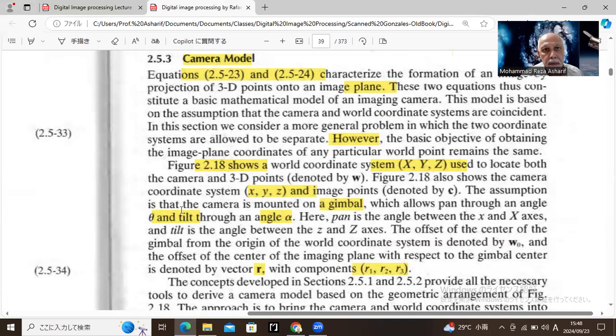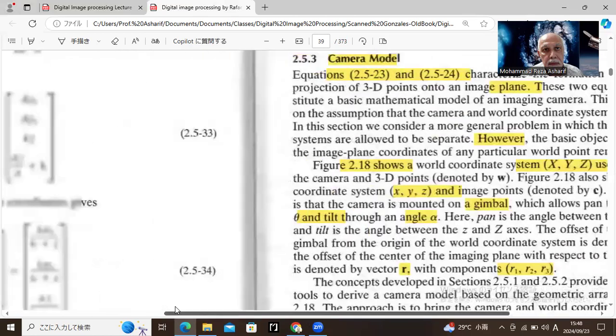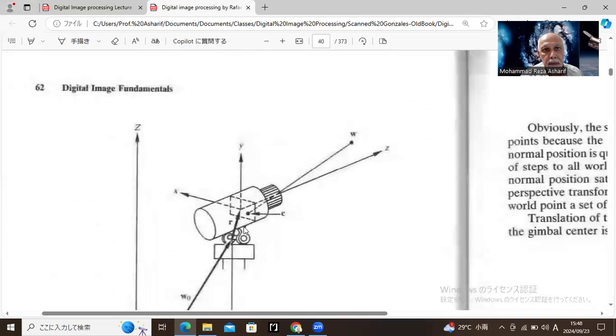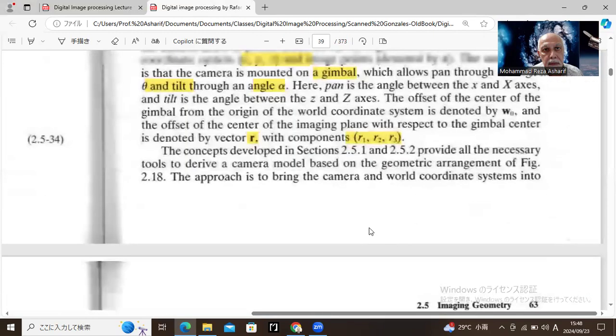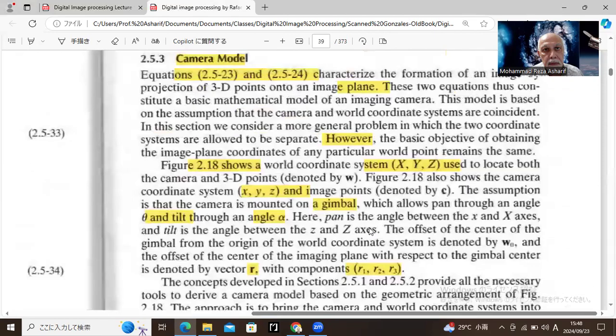Here, the assumption is that the camera is mounted on a gimbal, and this is the gimbal, where the gimbal is here, and we have R here, the distance, the vector R. So everything should be used for translation and rotation. There is a setup which allows pan through an angle theta and tilt through an angle alpha.